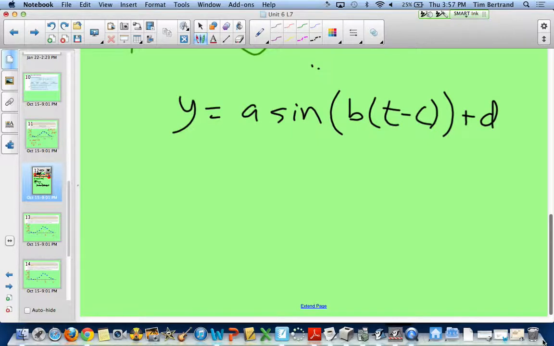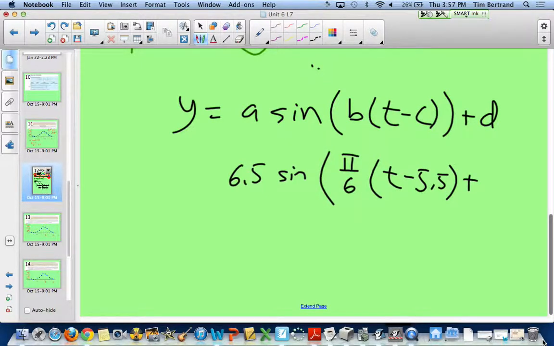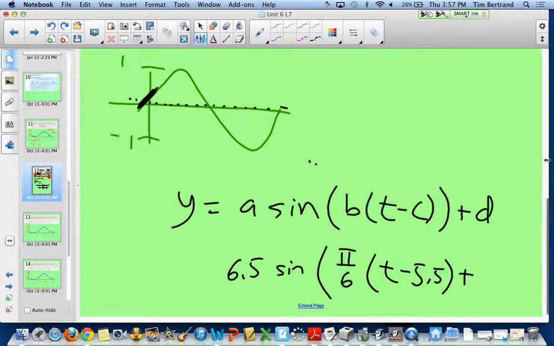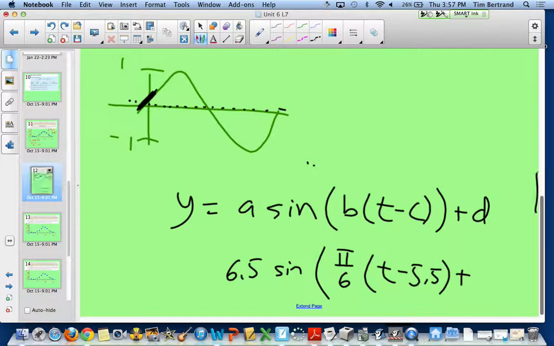And if I remember these values, I think a was 6.5. I think b was pi over 6. And we said c was roughly 5.5. And the vertical shift up, d, was, I forget now. The 13 and a half, I think.